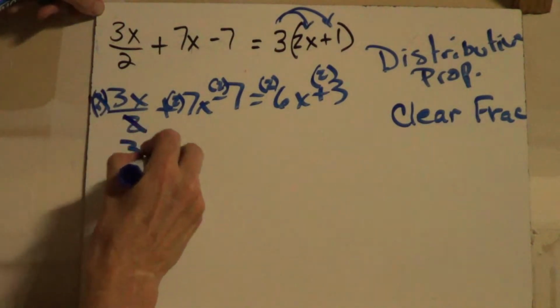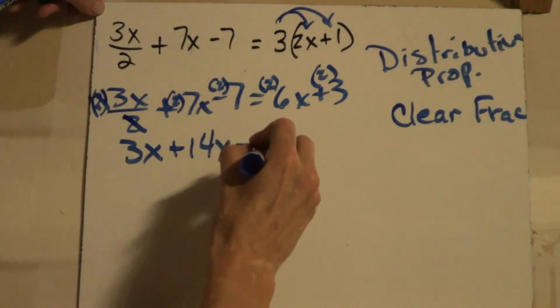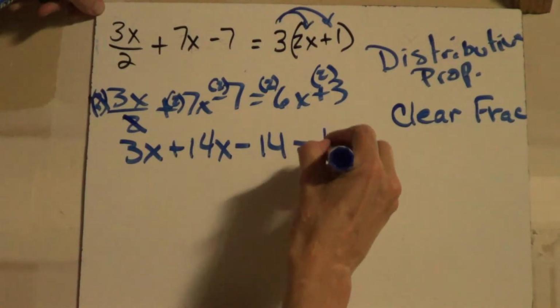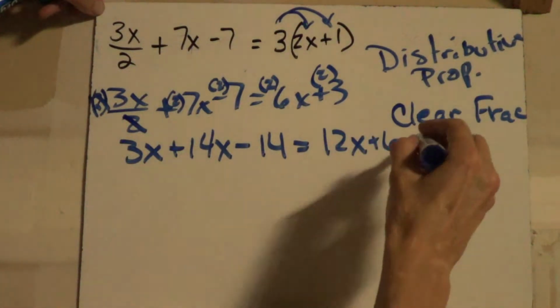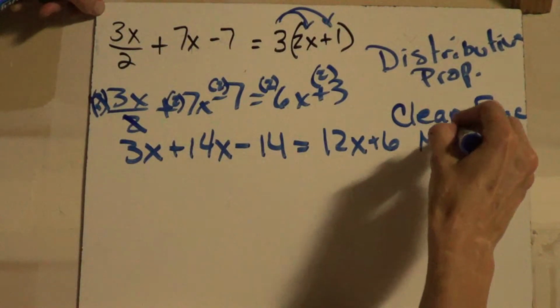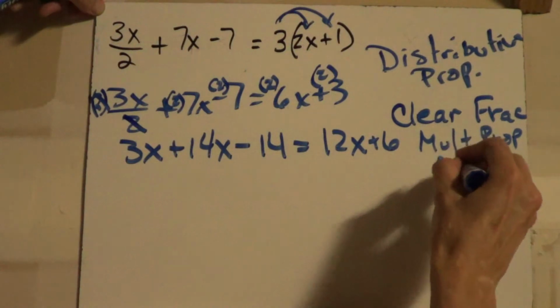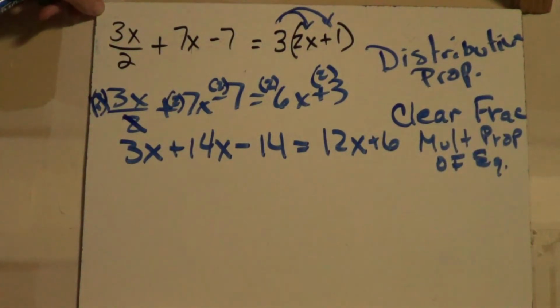We get 3x plus 14x minus 14 equals 12x plus 6. That would be a multiplication property of equality, because we did do it on both sides.